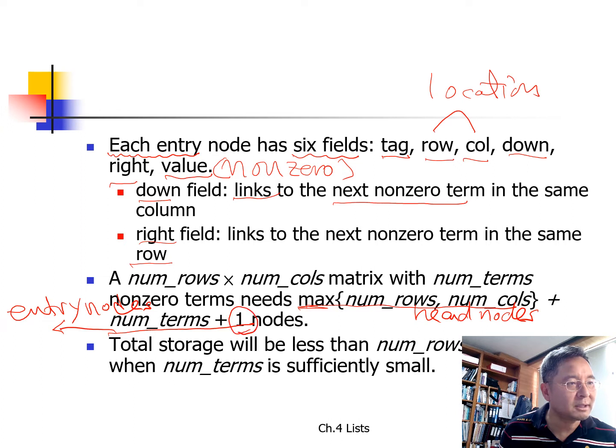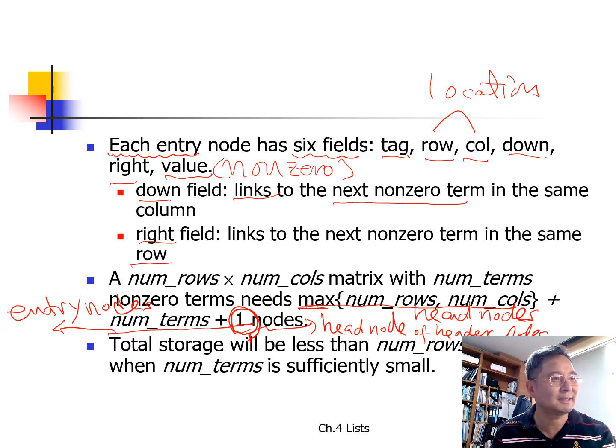Plus one is the header node of the header nodes. So only one additional node is necessary to represent a sparse matrix in a linked list.